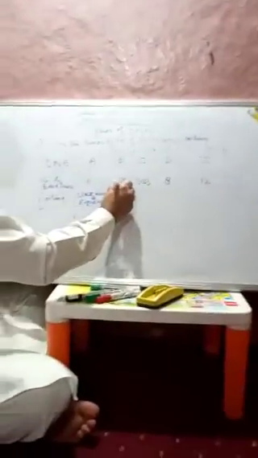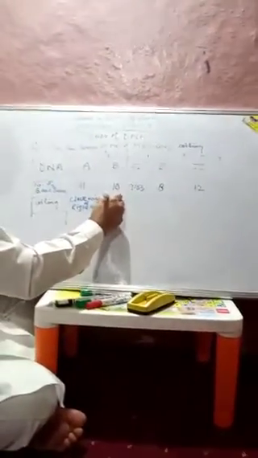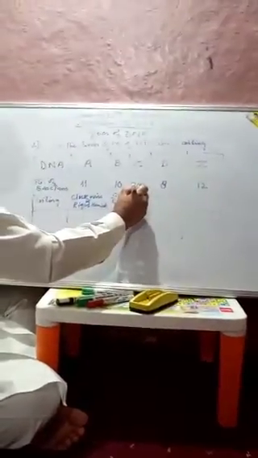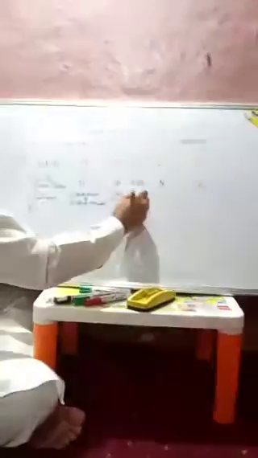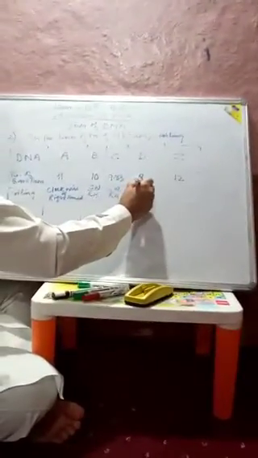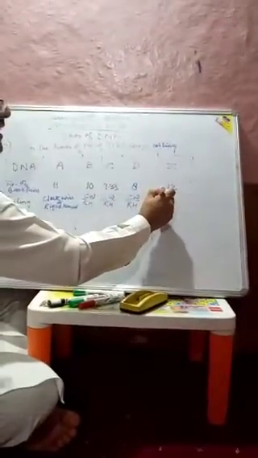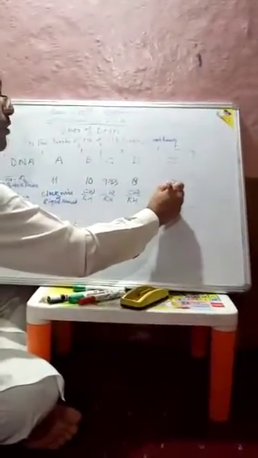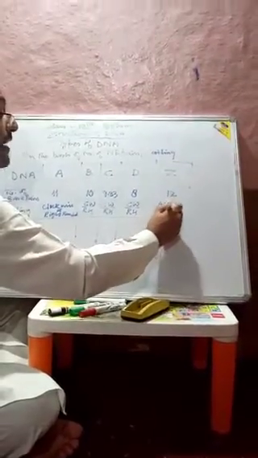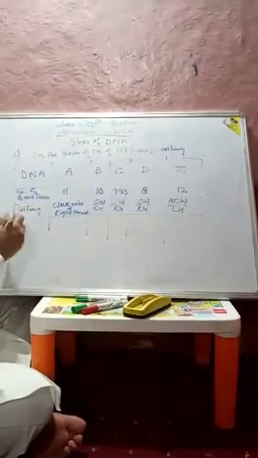In B, clockwise, oblique right-handed. In C, clockwise and right-handed. In D, clockwise and right-handed, and in case of Z, it is anti-clockwise and left-handed.